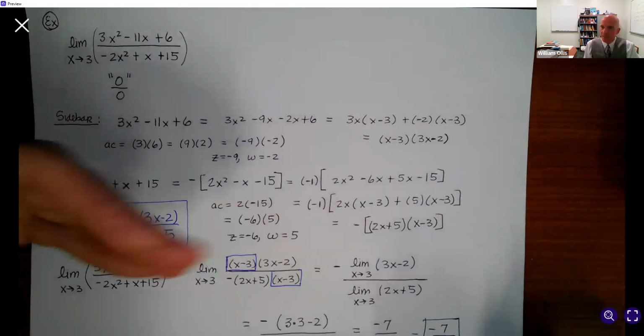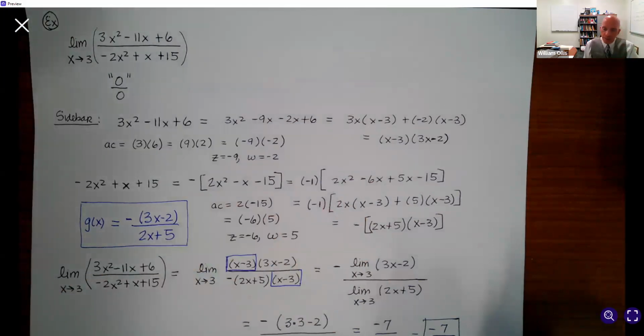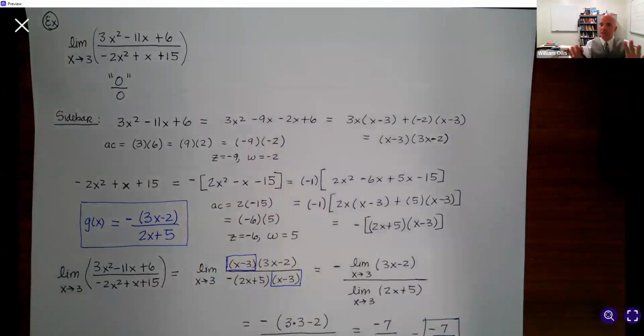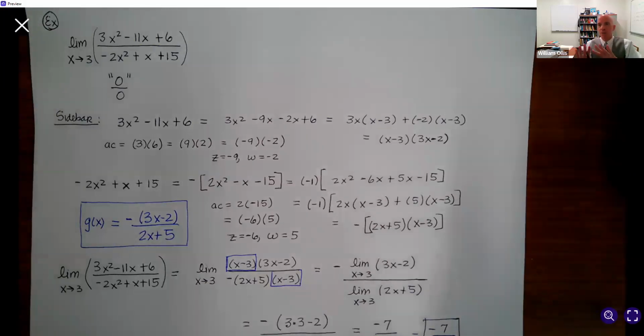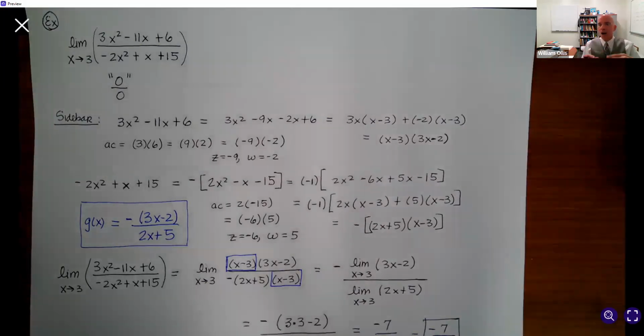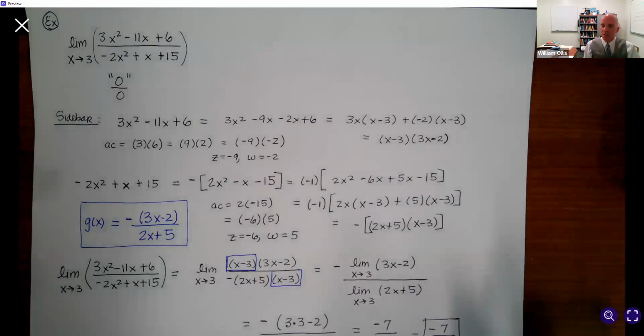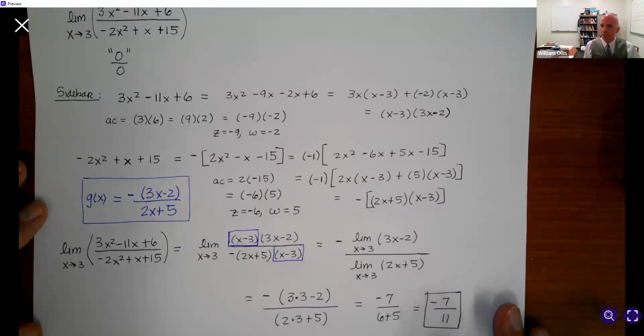And so I want to see this process because it's important, because as we move through calculus, we will be forced to do lots of factoring to clean up expressions so we can analyze them, just like you did when you did theory of equations in college algebra and pre-calc, and especially trigonometry. If we throw that out, then our precision is gone, and we don't want that. We want our work to be precise.